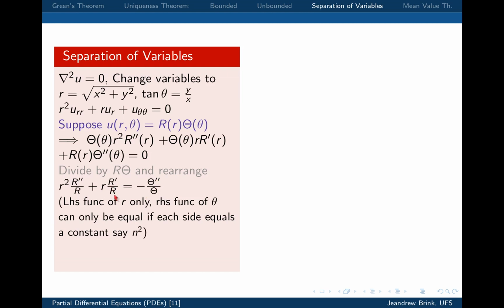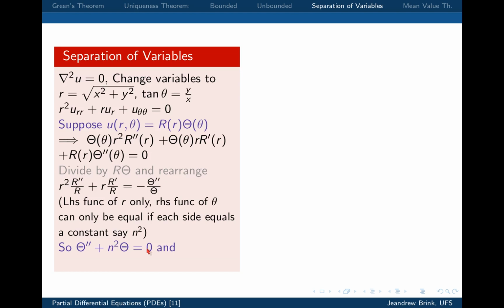So let's call the constant n squared. You can call it absolutely anything you want. And so we have that theta double prime over theta is equal to minus n squared. You write everything on the same side, and you have theta double prime plus n squared theta equals 0.